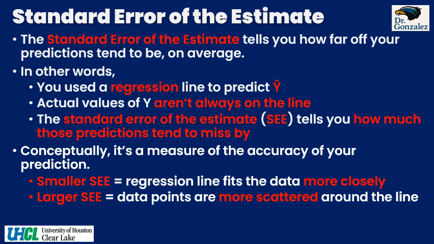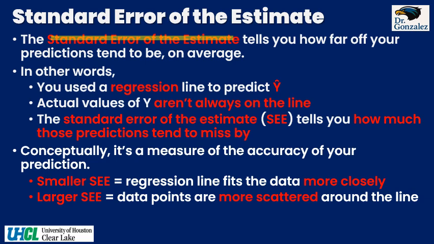So another piece of the equation that we need to take into consideration is a factor called the standard error of the estimate. The standard error of the estimate, the SEE, tells you how far off your predictions tend to be on average, okay? Remember that line of best fit is predicting over there, and as you saw, many data points were off of that actual line. If I extended that line out, it would pretty much be a similar thing.